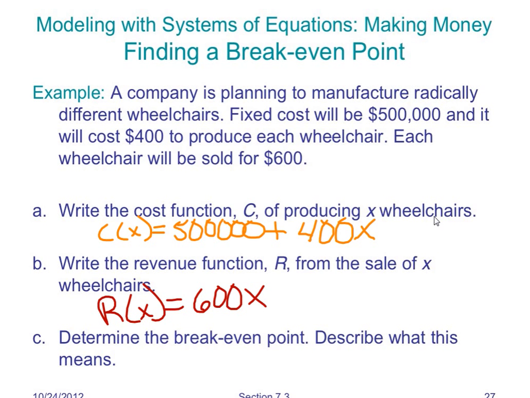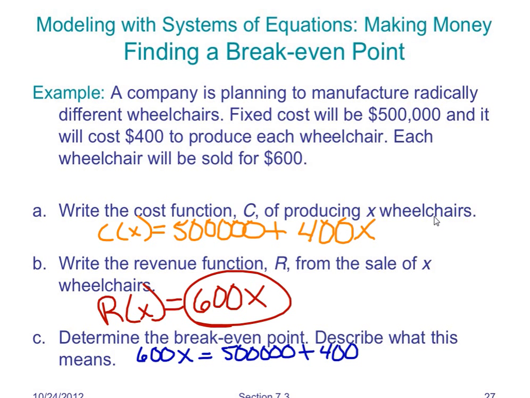So what I want to know is, when will 600x equal 500,000 plus 400x? When will the revenue equal the cost?